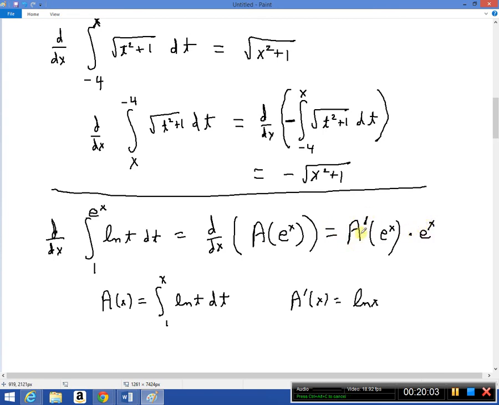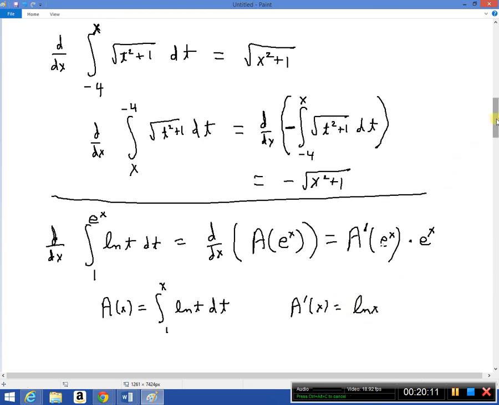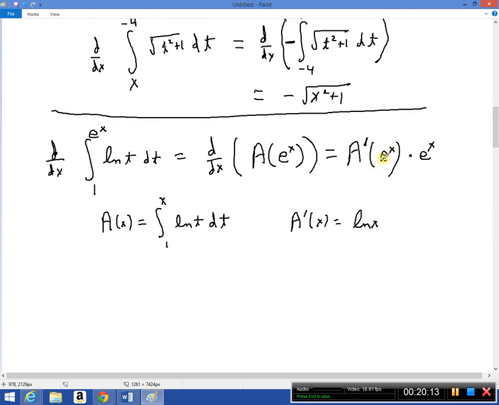But what's A prime at anything? Well, A prime at x is just the function you're integrating. So A prime at e to the x would mean, in this case, natural log of e to the x, which actually reduces because log and e to the x cancel.